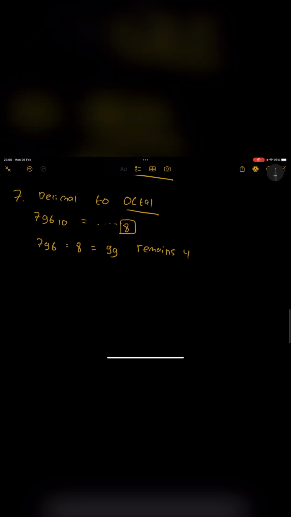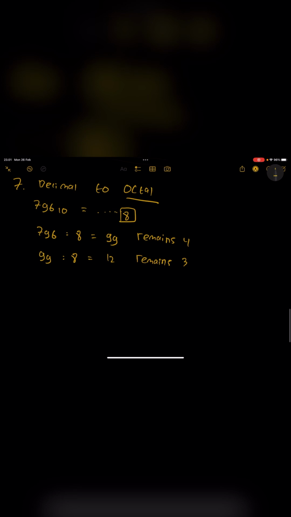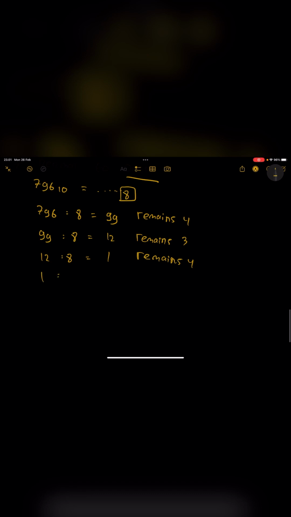4, and then we divide 99 with 8, and then we will get 12, the remains of 3, and we will divide 12 by 8, we'll get 1, and the remains of 4, then we'll divide 1 with 8, and we'll get 0 with the remains of 1.